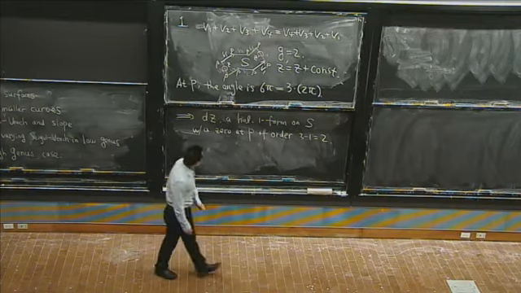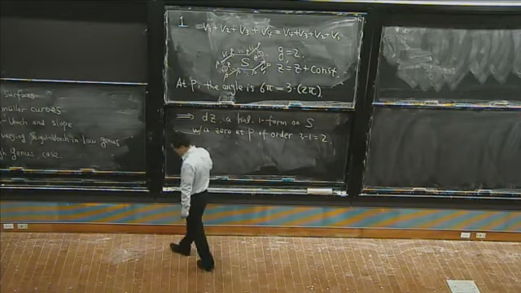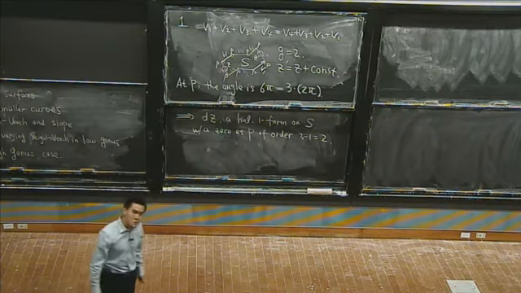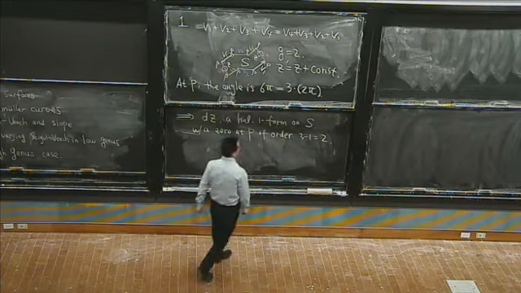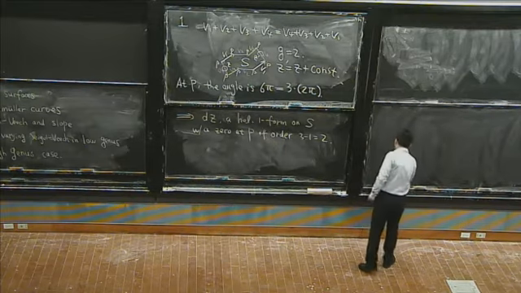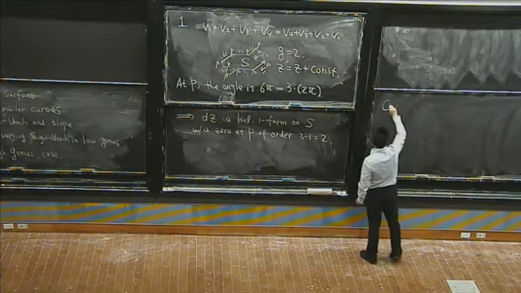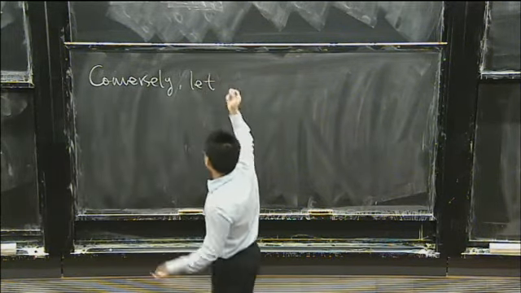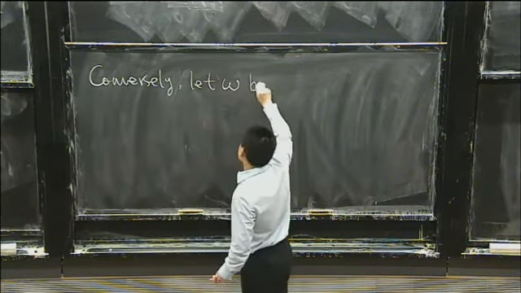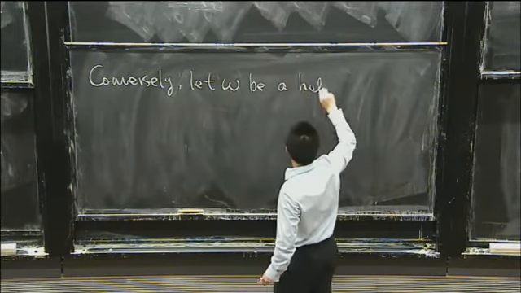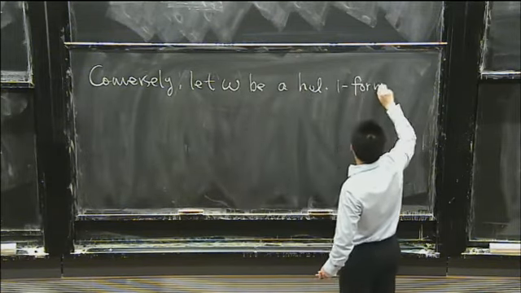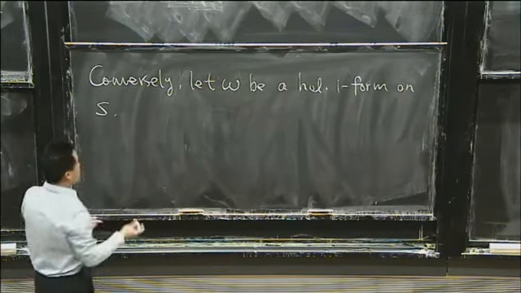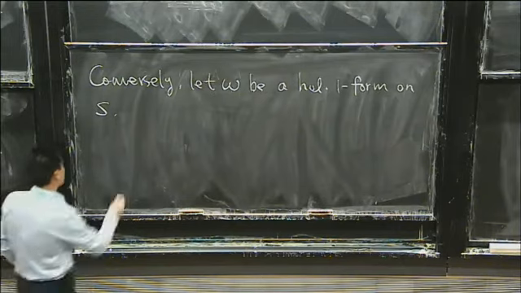So conversely, suppose now we are given a holomorphic one form. I claim you can recover the flat structure on the Riemann surface. So let omega be some holomorphic one form on a genus g Riemann surface. Let's fix the type of zeros of omega.